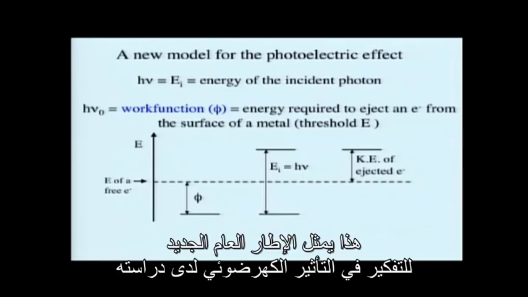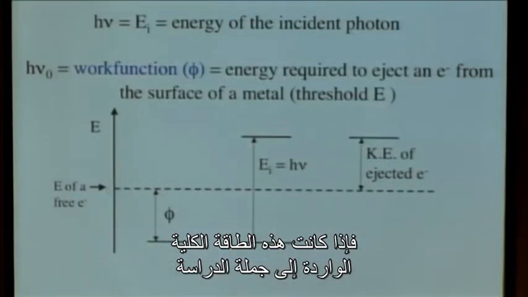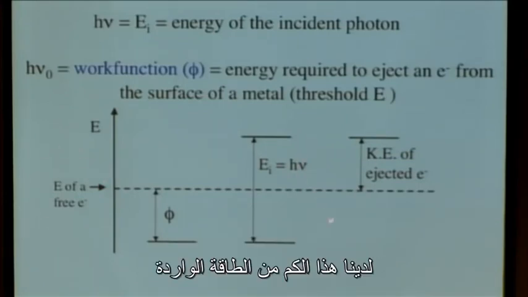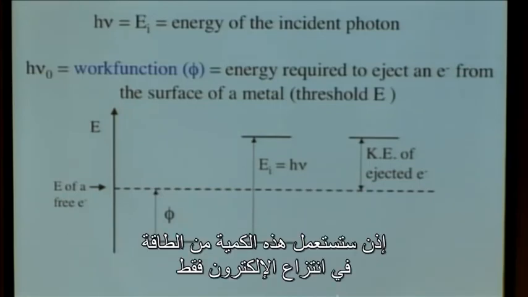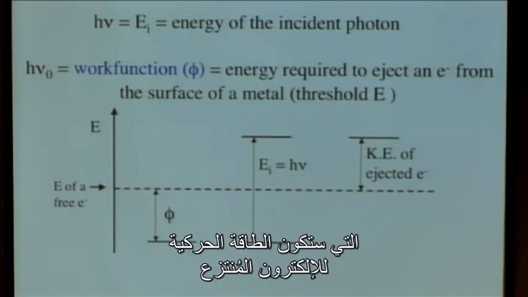So this is our new schematic way that we can think about the photoelectric effect. This is the total amount of energy that we put into the system, where here we have the energy of a free electron, and we have this much energy going in. The metal itself requires this much energy, the work function, in order to eject an electron. So that much energy is going to be used up just ejecting it. And what we have left over is this amount of energy here, which is going to be the kinetic energy of the ejected electron.